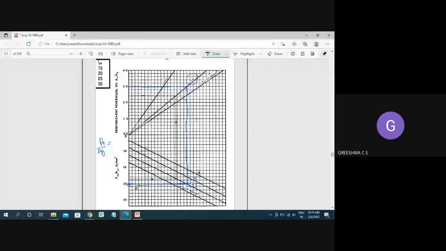Are you getting 21 exactly? Between 20 and 21 the value should come. Just do it once again. Something like 20.5 you will get. Okay, 20.5. This is not 21, it is 21.5, 20.5. Okay, 20.5.